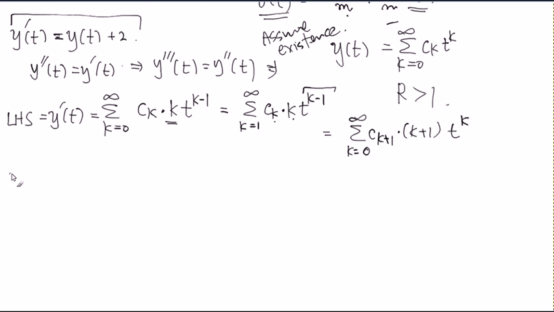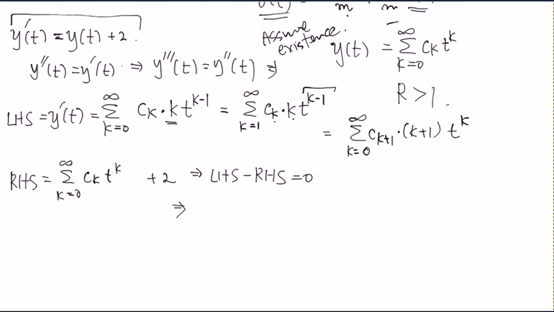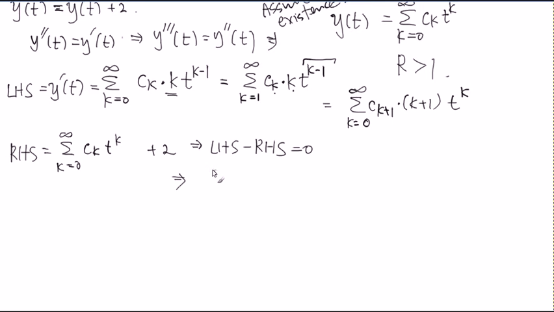Then right-hand side, not much is there. The sum from k equals 0 to infinity of c_k t^k, and plus 2 is out there. Good? So left-hand side minus right-hand side is supposed to be what? 0, right? That's what they're looking for. So I have it here.